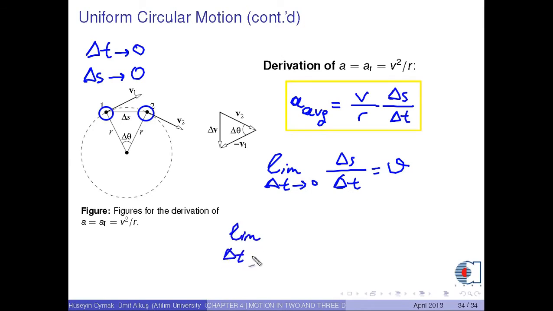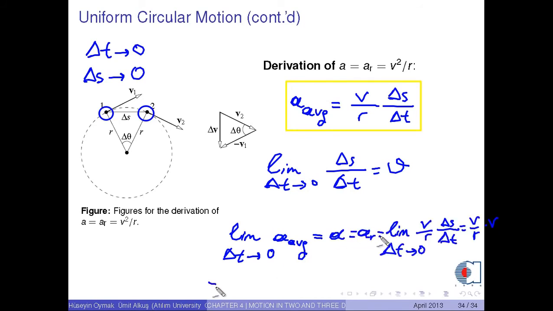Mathematically, the limit as Δt goes to 0 of a_avg = a = a_R = the limit of (v / r) Δs / Δt, and v / r times v. So the result is v² / r, which is what we set out to prove.